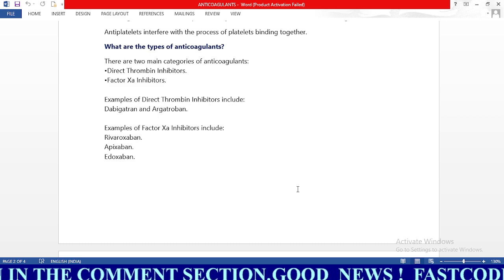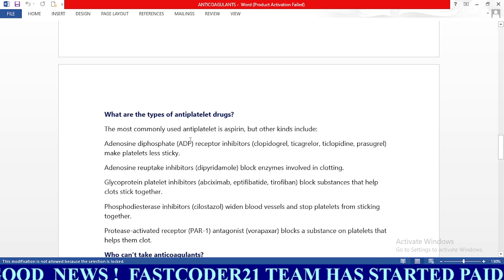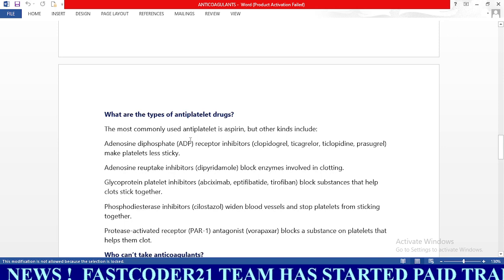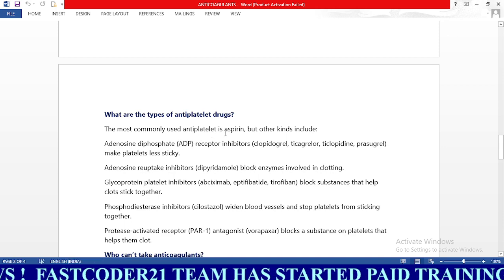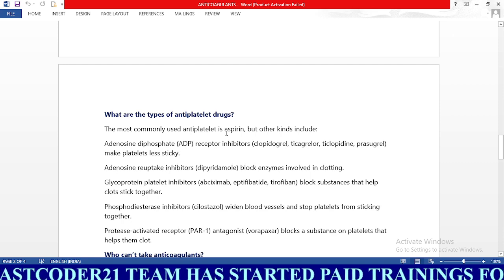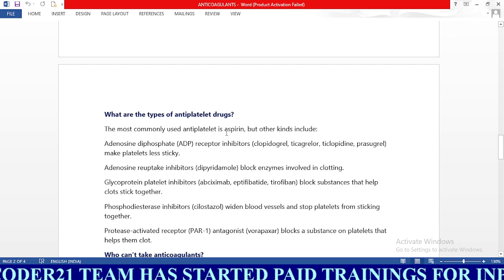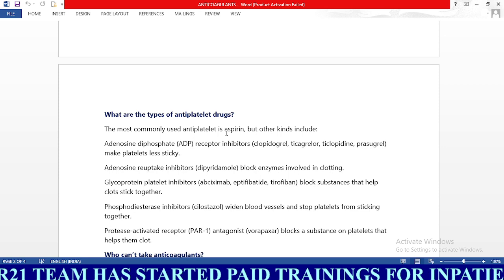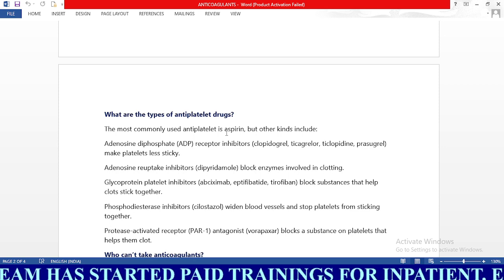We need to check the documentation in order to code long-term use of anticoagulant. So what are the types of antiplatelet drugs? The most commonly used antiplatelet drug is aspirin, which is the most common medication we will see in our medical documentation while coding.